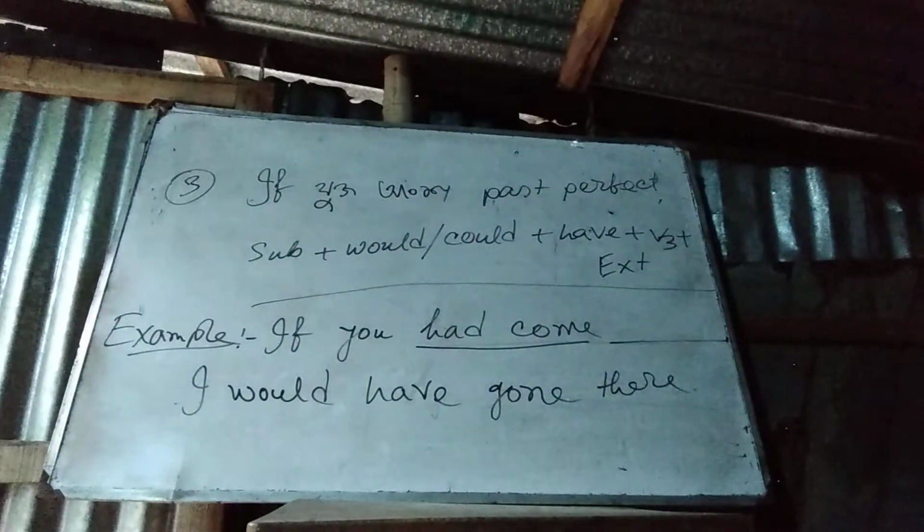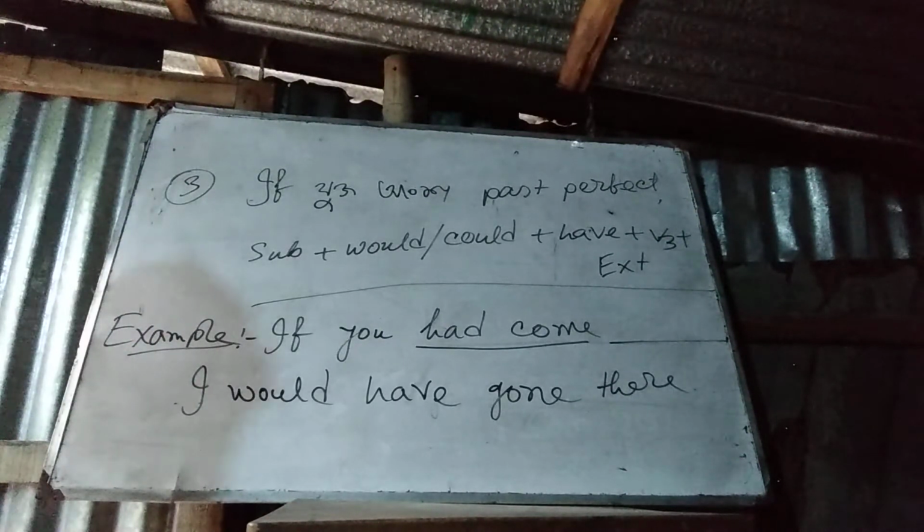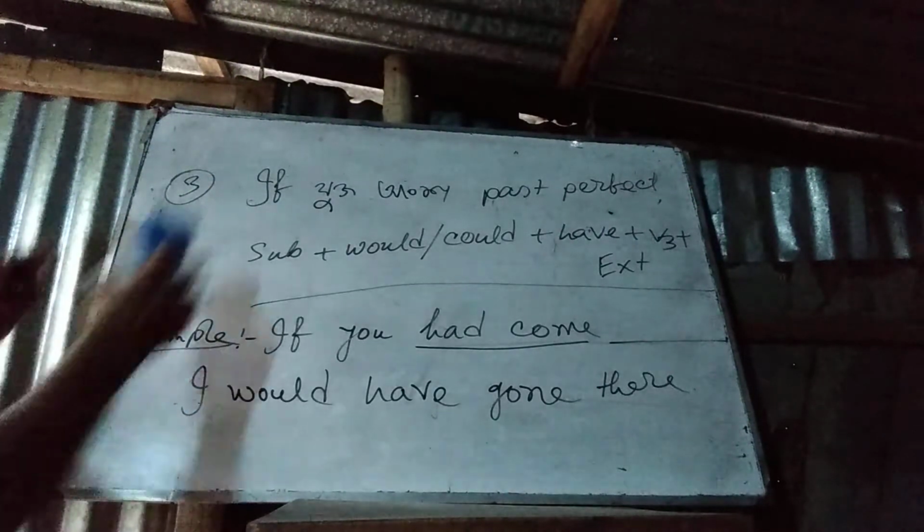So this is the way of changing according to the condition, first condition, second condition, third condition. And these conditions are very much important, and we see in many question papers, out of 5 questions only one condition is set.